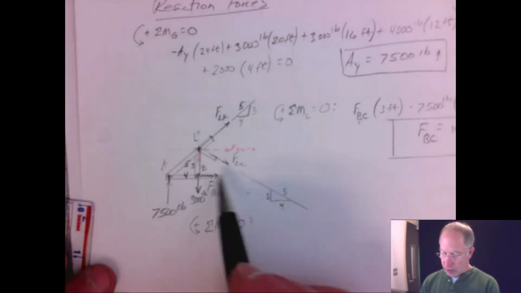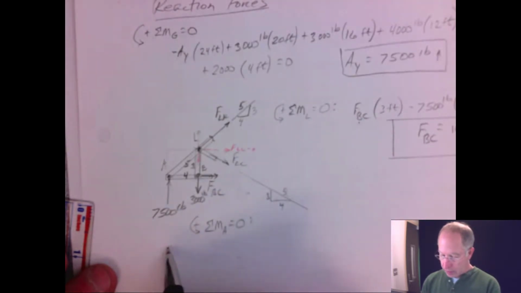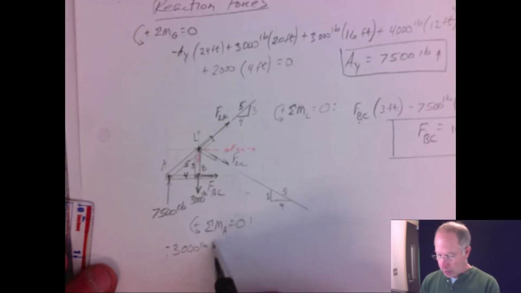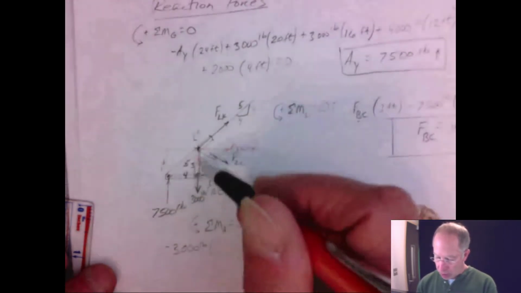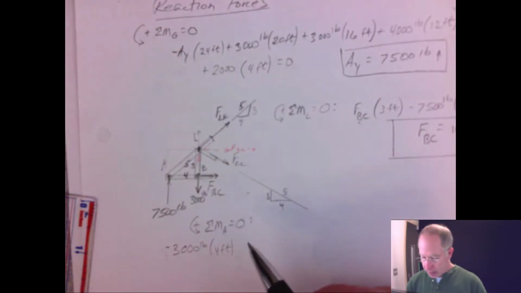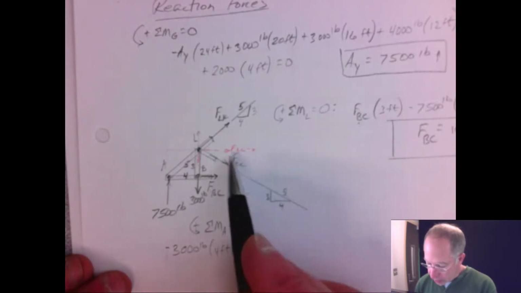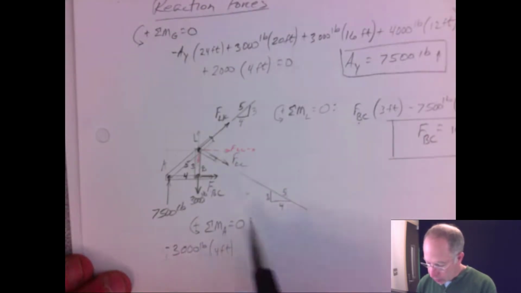So starting with the 3,000 pound force, it causes a negative rotation about A with a moment arm of 4 feet, and FLC has an X component that causes a negative rotation.